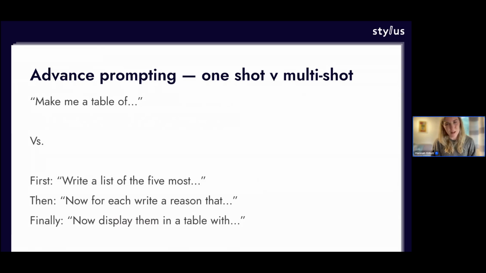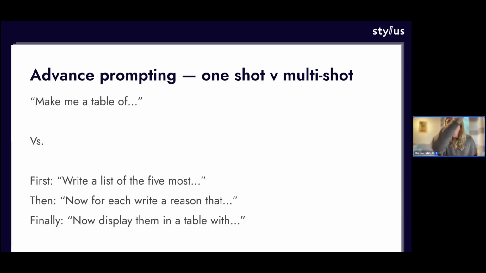So we'll be very familiar with the idea of chunking a task, and creating almost like a checklist of things, the steps for pupils to follow to get the outcome that you want. And it's exactly the same with prompting. So rather than just go and make me a table that shows how many of each of these different fruits were sold in Tesco this year, where there's lots of variation around how it might do it, because perhaps the LLM has seen many different versions of tables and is conflating those, we'll say first, write a list of this information, and we can check this information's right.